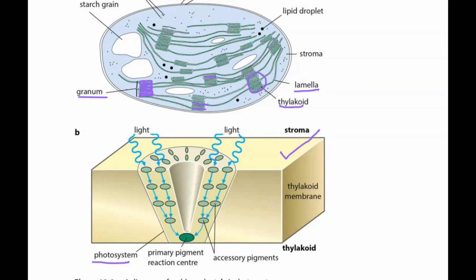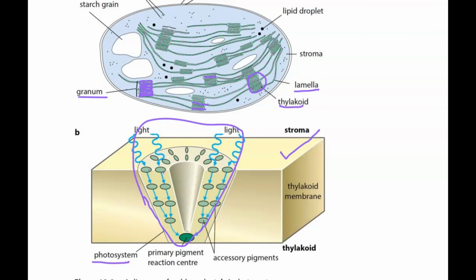It is like a funnel shape. Here you can see the funnel shape, like a cone. The arrangement of the pigments is such that many accessory pigments are surrounding the primary pigment.